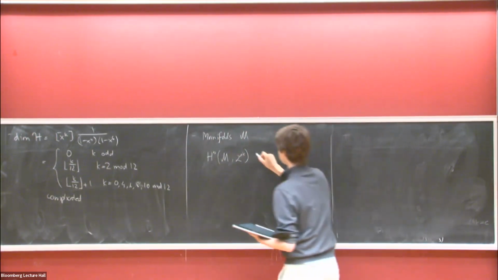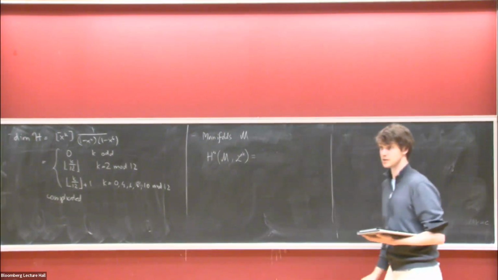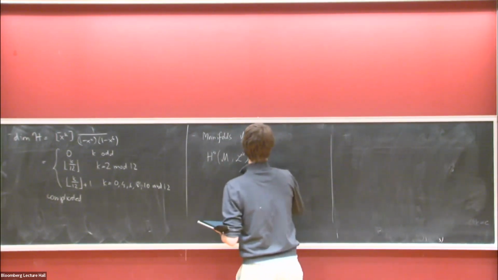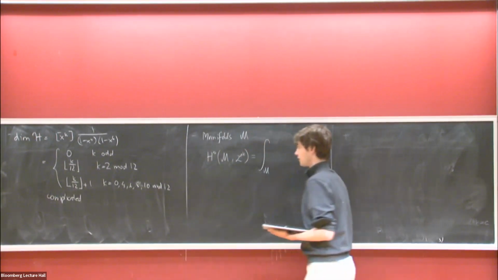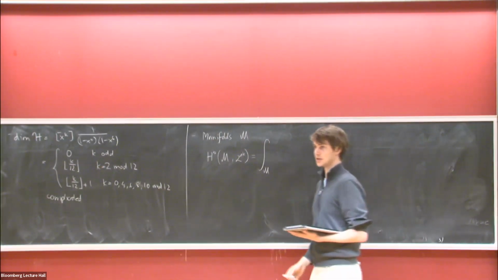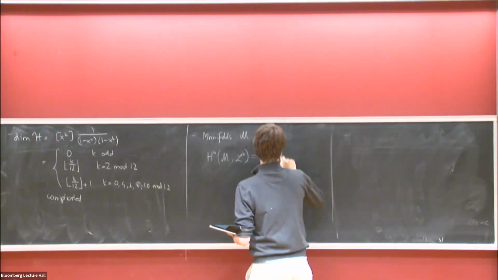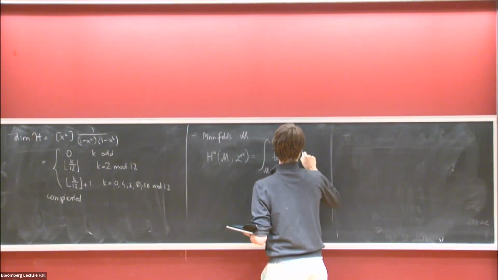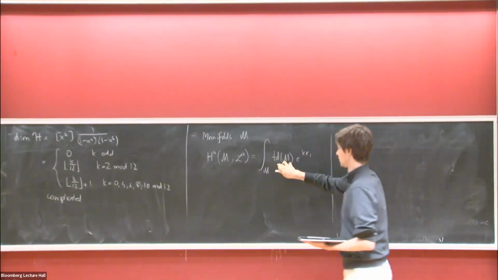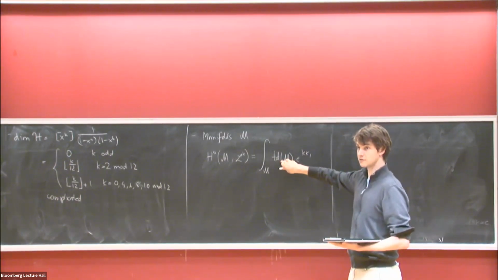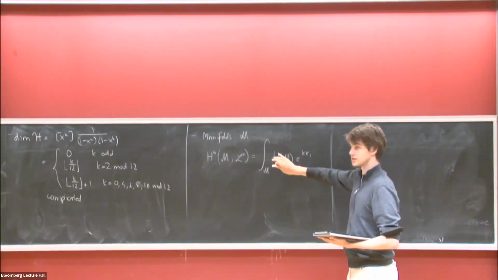Then there is an index term that computes this number of sections. And the index term says that you should integrate over M some characteristic classes. You don't have to precisely know what these characteristic classes are, but essentially there is some characteristic class depending only on the manifold, on the tangent bundle, and that's the top class.